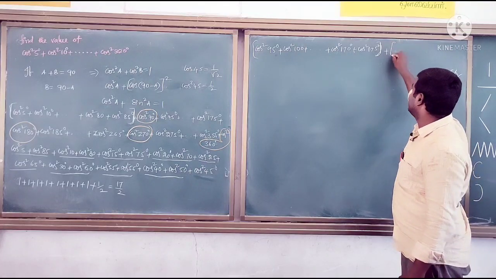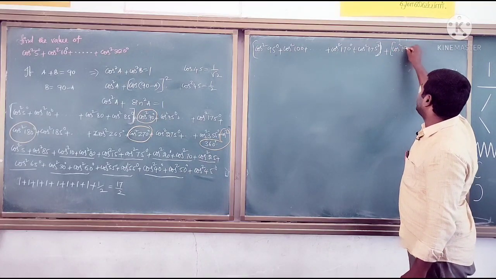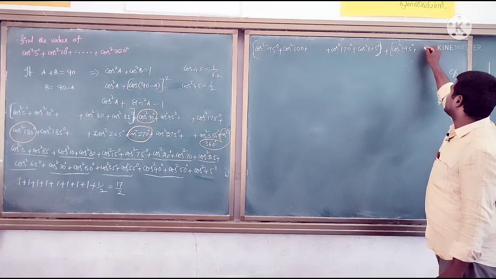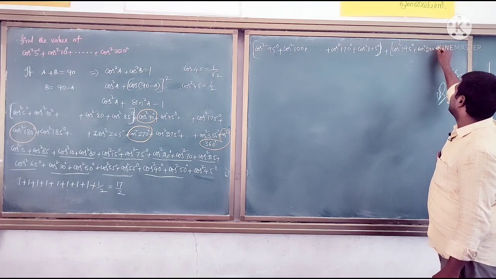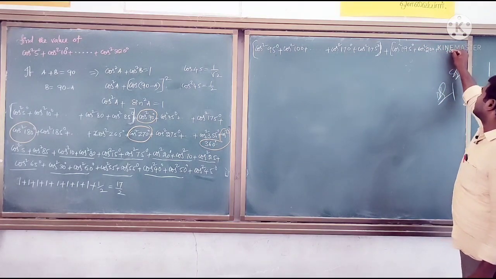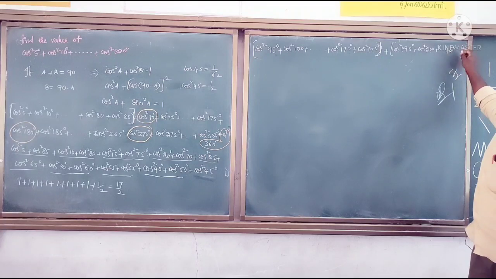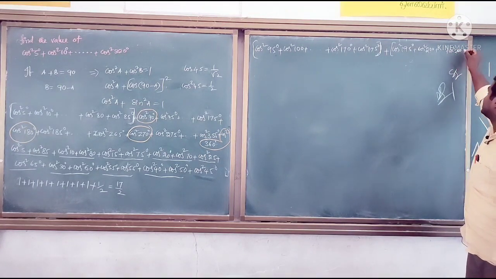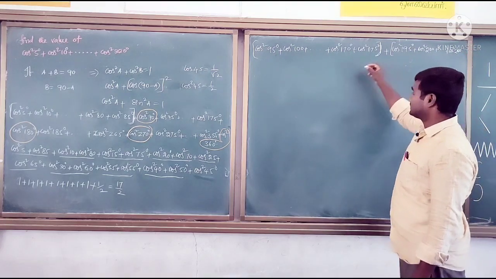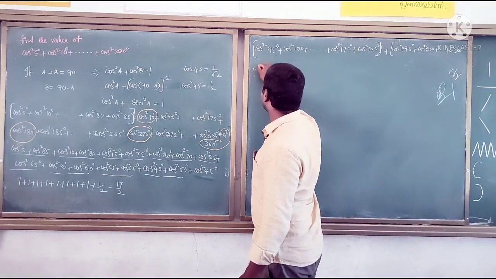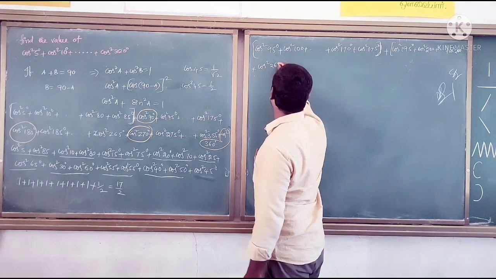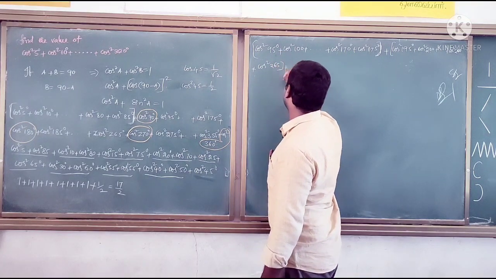Now, similarly, cos square 195 degrees plus cos square 200 plus so on, cos square 260 degrees plus cos square 265 degrees. You can leave that 270 alone.